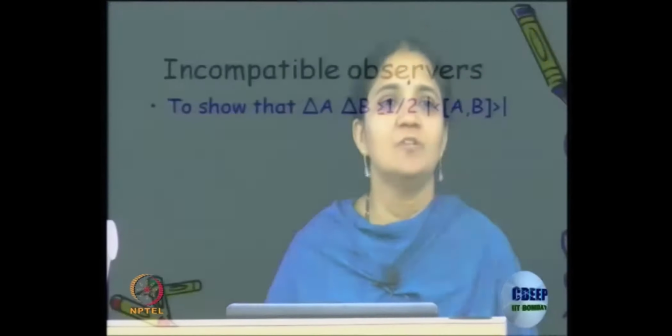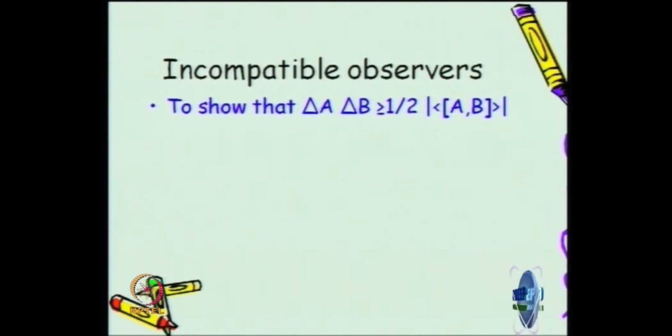Non-zero, right? So what we saw is that the standard deviation of operator A multiplied by the standard deviation of operator B should be greater than or equal to the expectation value of the commutator bracket. If they are compatible, then it will be zero.